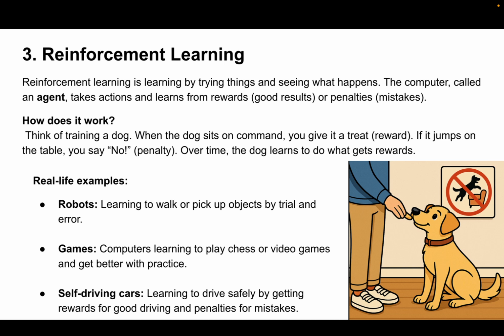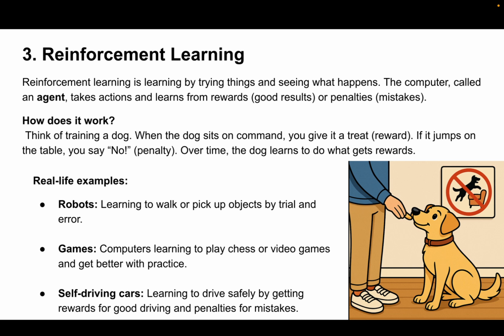Now we have reinforcement learning. So reinforcement learning is learning by trying new things and seeing what the result is. So the computer, called an agent, takes actions and learns from rewards, meaning good results, or penalties, meaning mistakes.